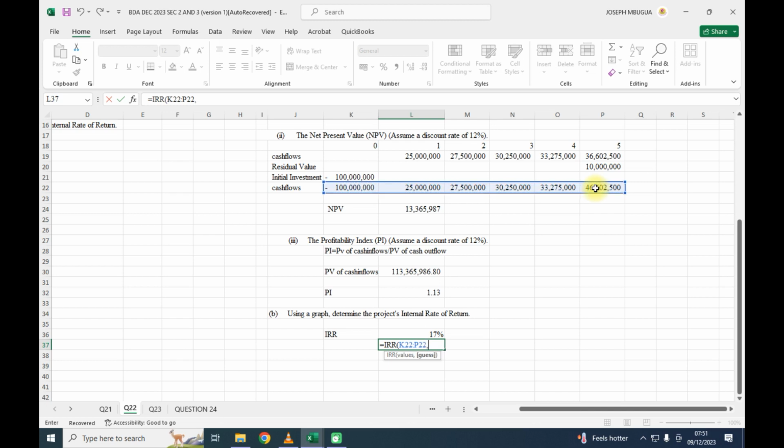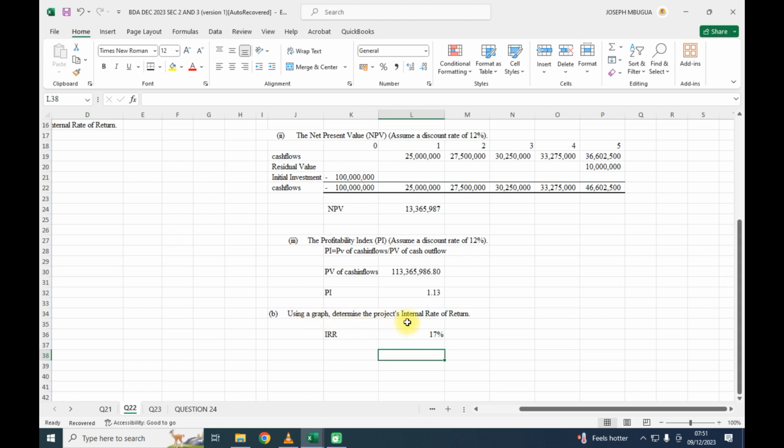Remember, we normally use an iterative method. I can guess the first rate to be 5%, and I close that. You'll find that with or without the guess, it gives you the same value of 17% as our IRR. So this is using the formula method, but here we need to use a graph.